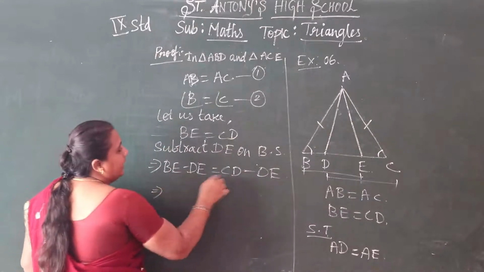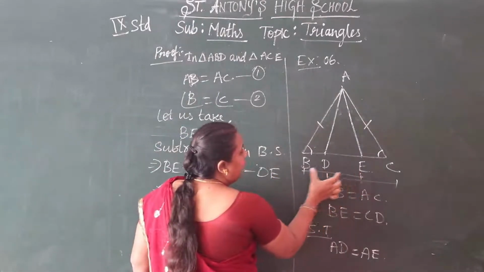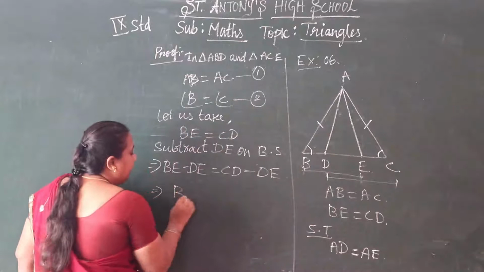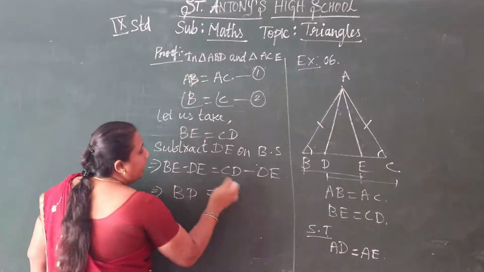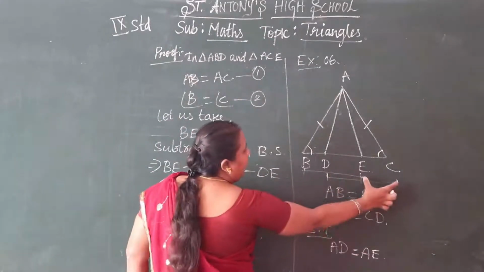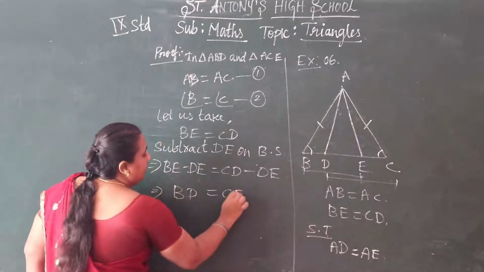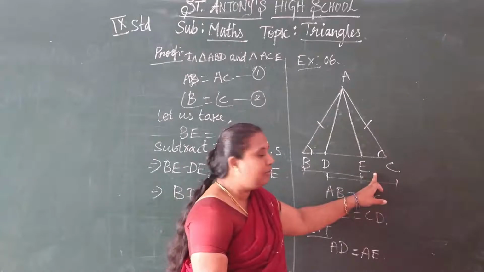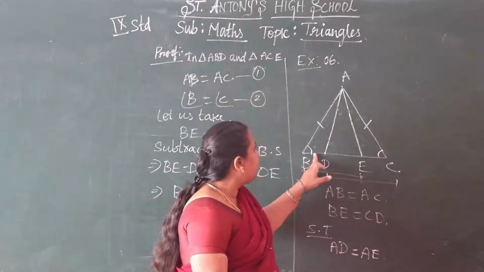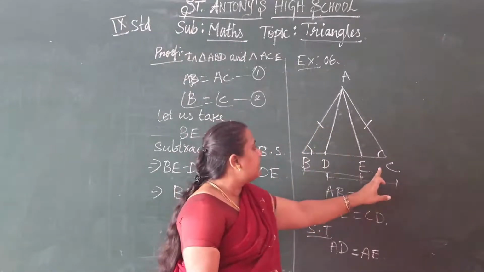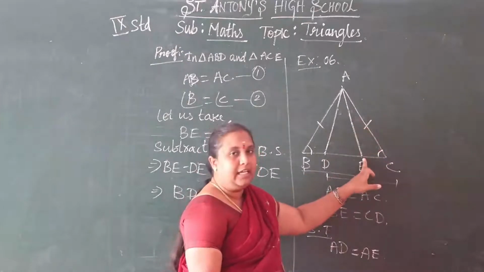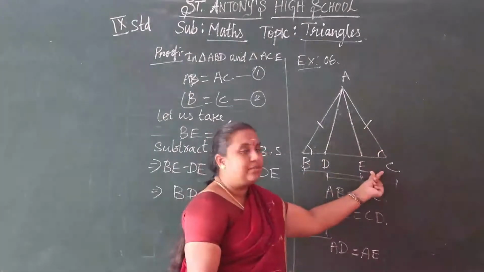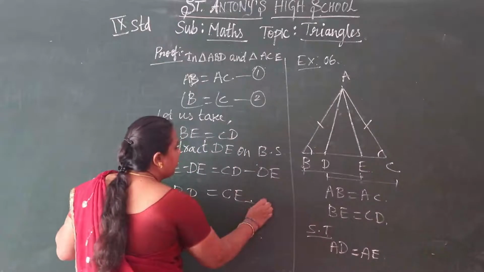BE minus DE we have BD, and CD minus DE we have CE. Therefore BD equals CE. BD is the side of triangle ABD and CE is the side of triangle ACE. This is the third concept we have.